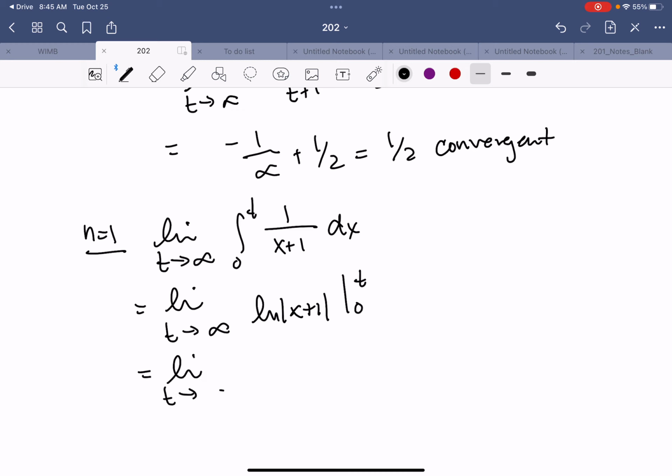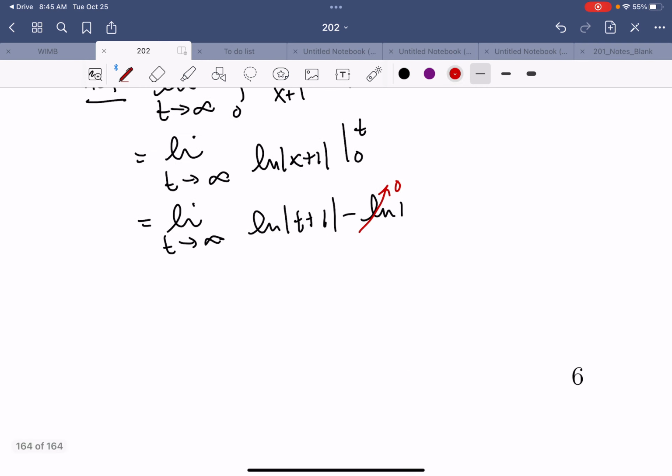That's going to give you the limit of the natural log of (t plus 1) minus the natural log of 1, which we know is 0. We've done this one before. When you let t go to infinity, the natural log goes to positive infinity. So this one diverges.